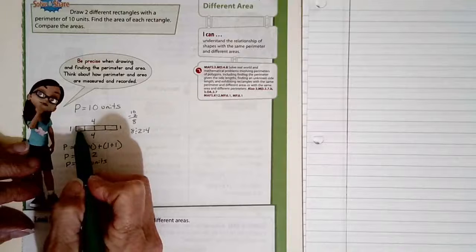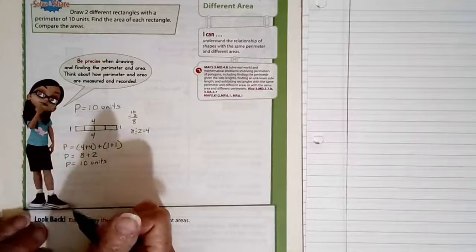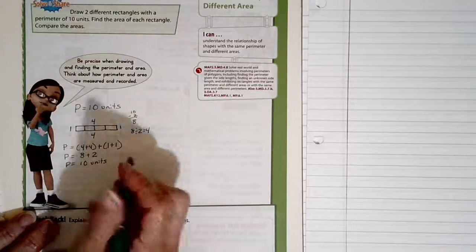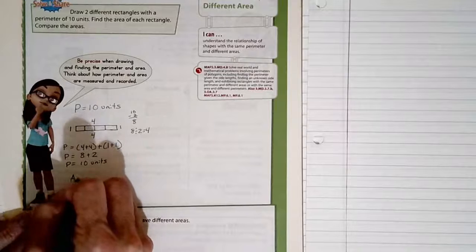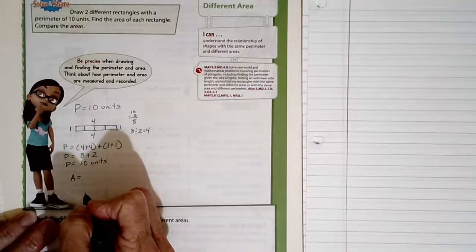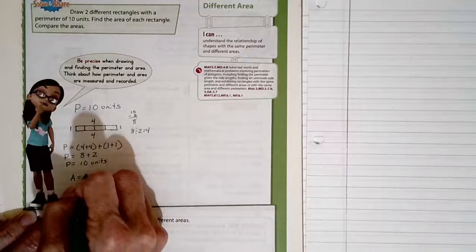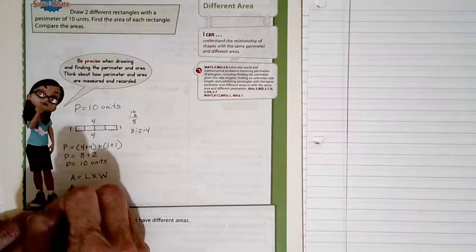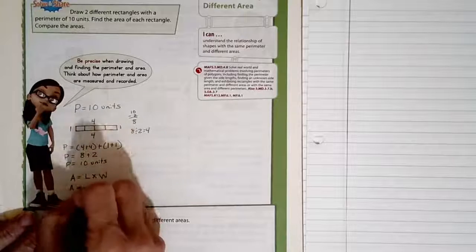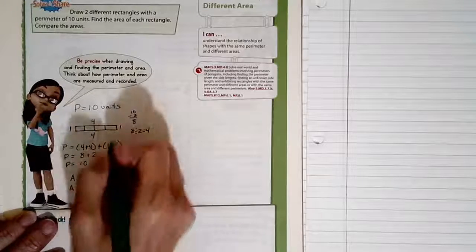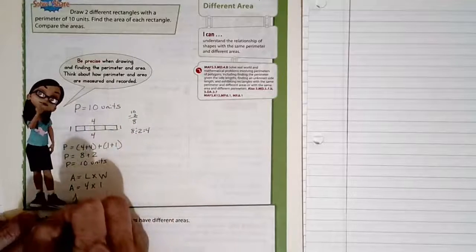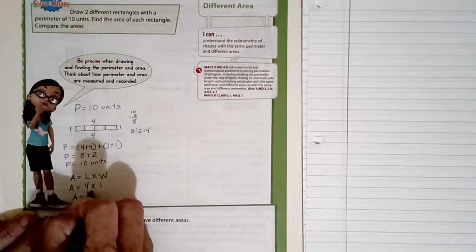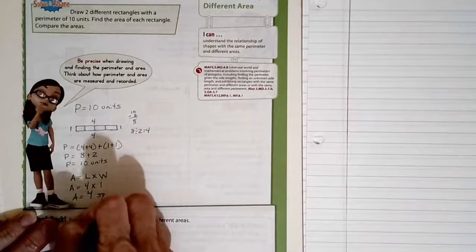Well, we could simply count 1, 2, 3, 4, and we see that it's 4. Now, my area formula, when we're dealing with a rectangle, is length times width. So my area here would be length 4 times my width 1. Area equals 4 square units.